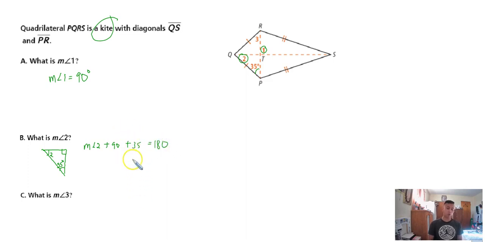Therefore, the measurement of angle 2 plus 125 is equal to 180. Now I am going to subtract 125 from both sides. And my final answer here is that the measurement of angle 2 is equal to 55 degrees.